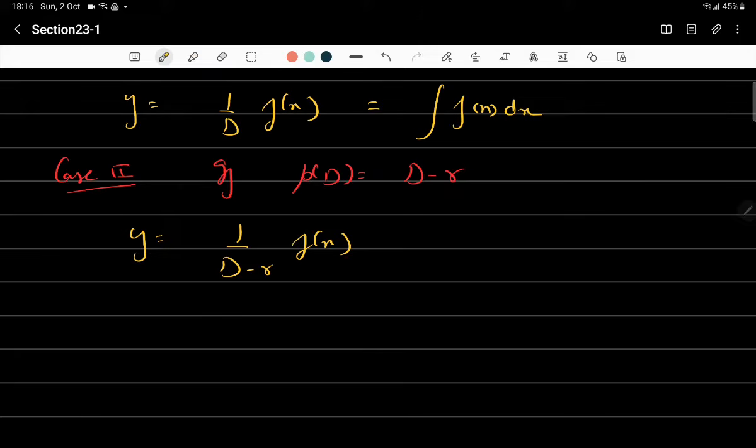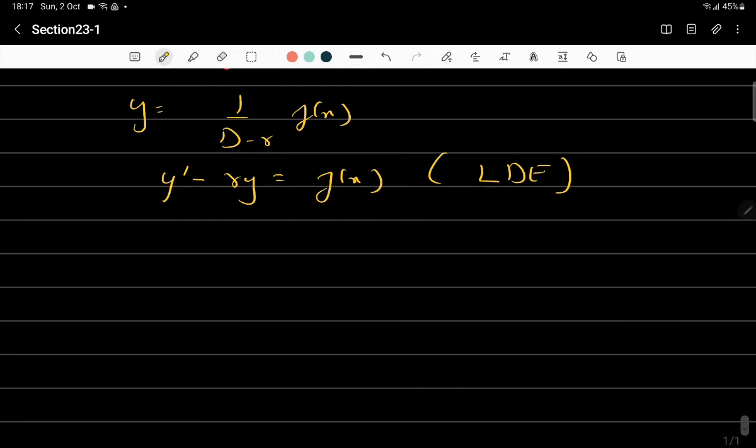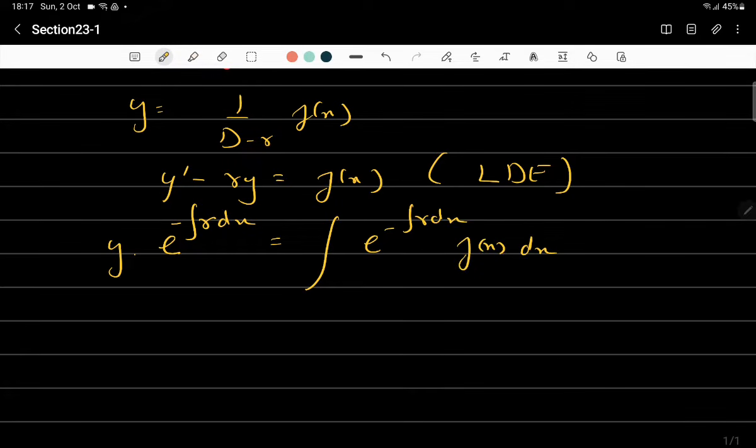If I take D minus r on the left hand side, it gives me y dash minus ry is equal to f of x, which is a linear differential equation. So I can simply write down its solution: y times e raised to the power minus integral r dx is equal to the integration of e raised to the power minus integral r dx times f of x dx.